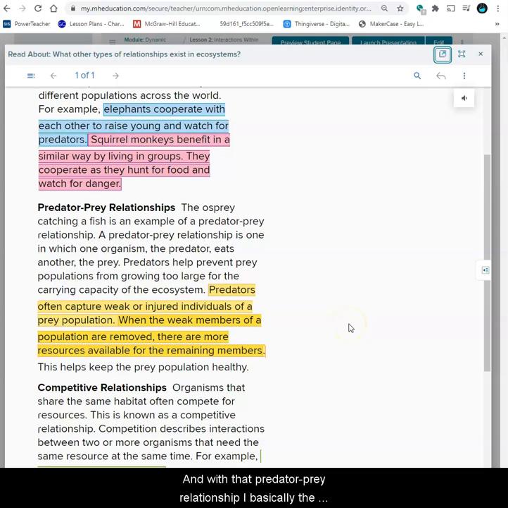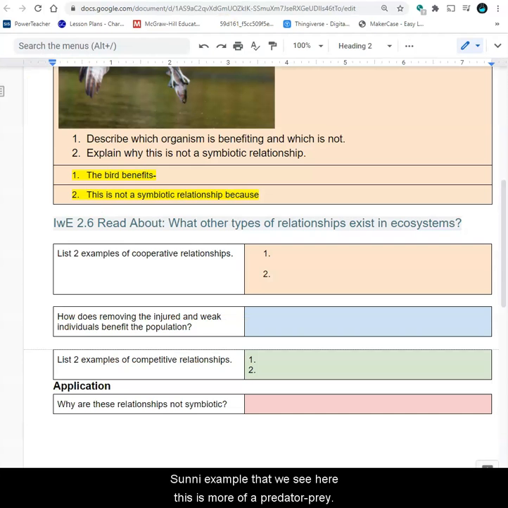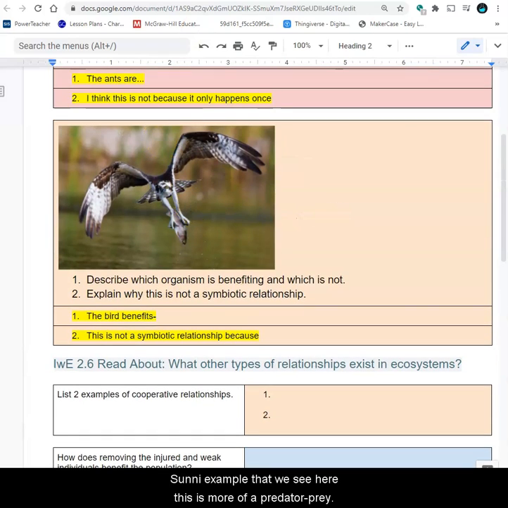And with that predator-prey relationship, basically the predators go and get food. So in the example that we see here, this is more of a predator-prey relationship.